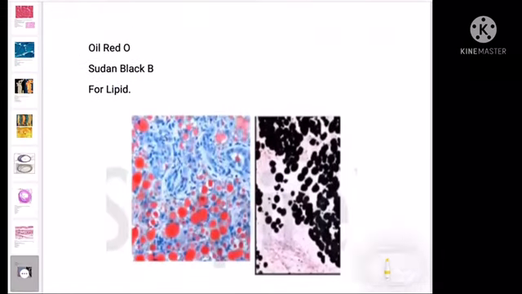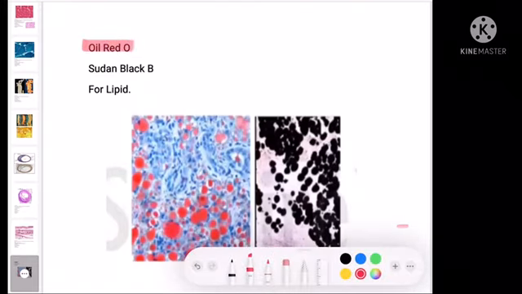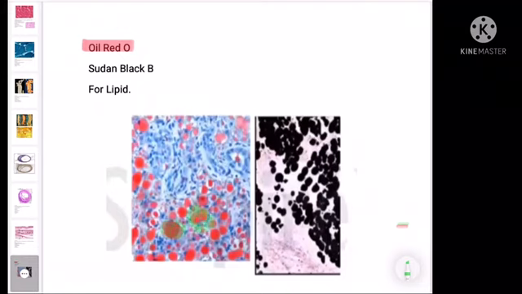Two other stains that you need to remember are, first, oil red O staining and, second, Sudan black B. These two are used for lipid. In case of oil red O, the lipid accumulation appears red in color.